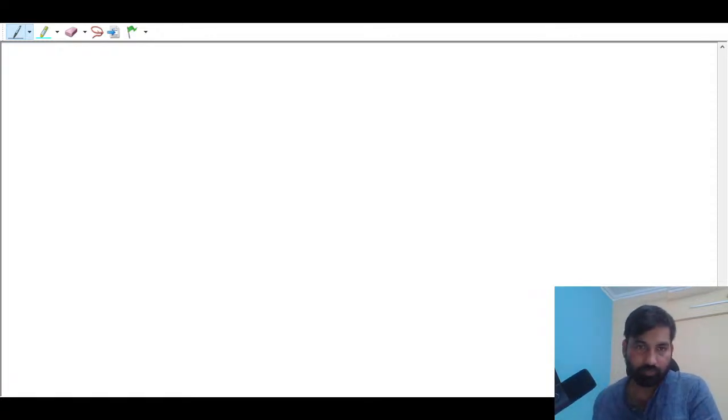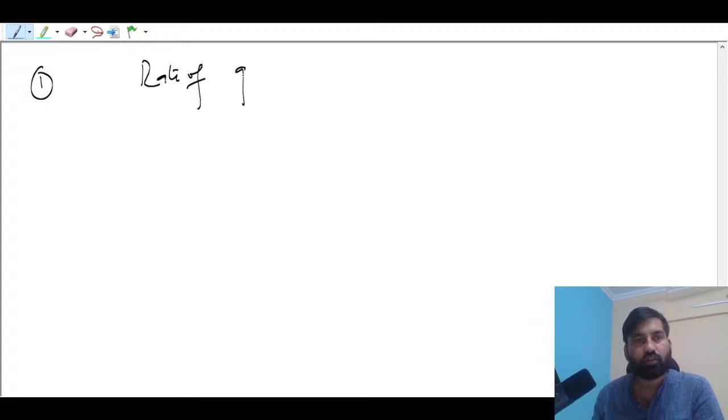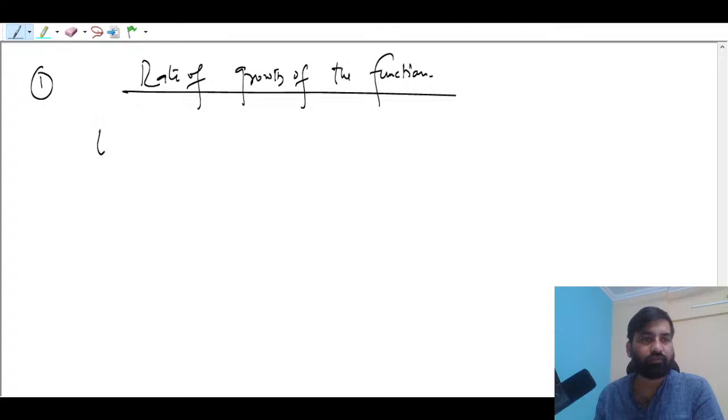So suppose you want to find the rate of growth of a function, we can use L'Hopital rule, or we can use this limit concept.